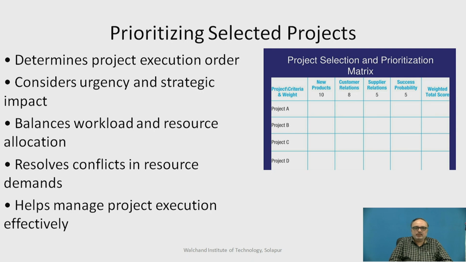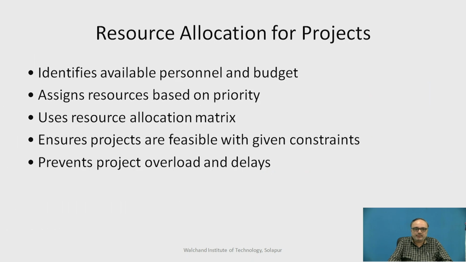Then there is prioritizing the selected projects, which determines project execution, considers urgency and strategic impact, balances workload and resource allocation, resolves conflicts in resource demands, and helps manage project execution effectively.